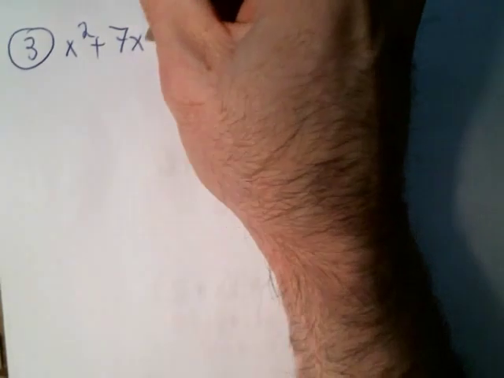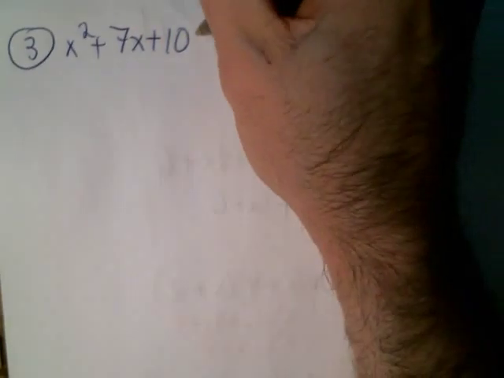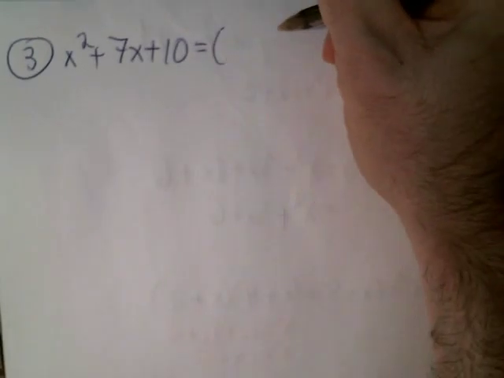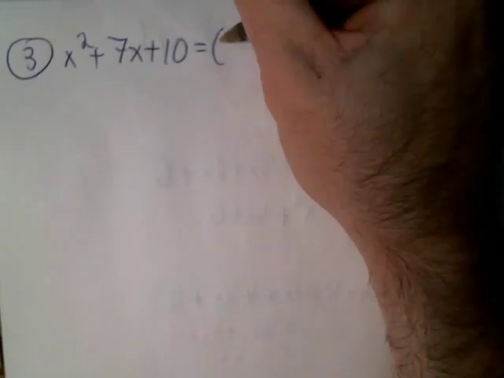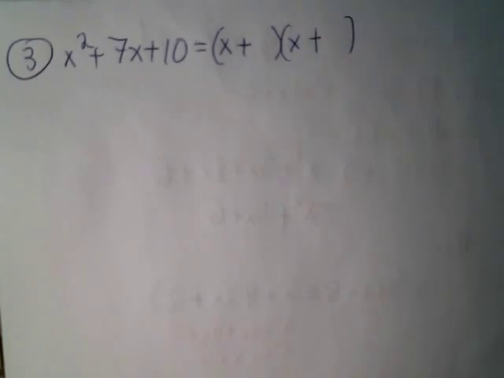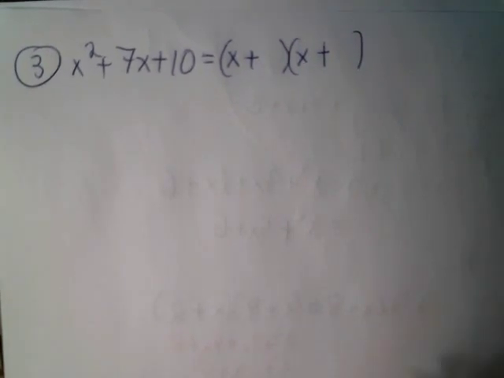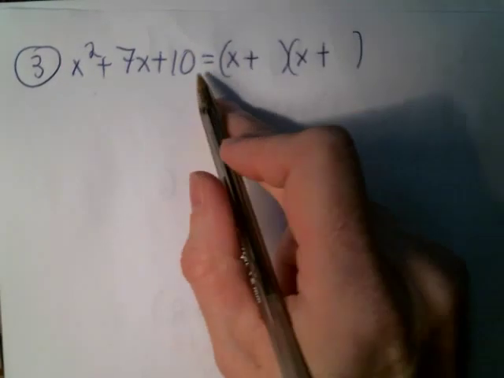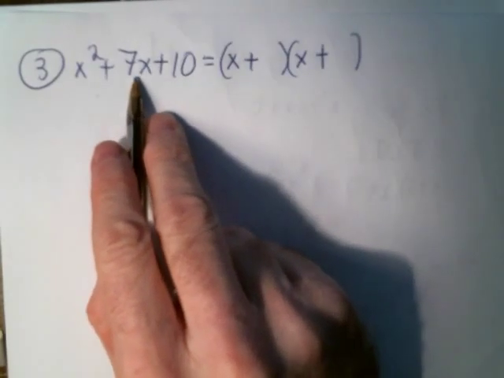Problem 3 from the book now. We have x squared plus 7x plus 10. So it's in our first form. We're going to set up our parentheses. We have an x here and an x here, and then plus, plus. I'm thinking of factorizations of 10 such that when I add them together I get 7.